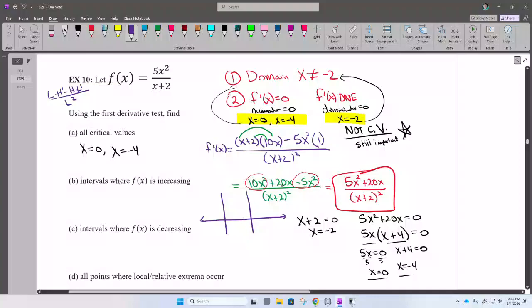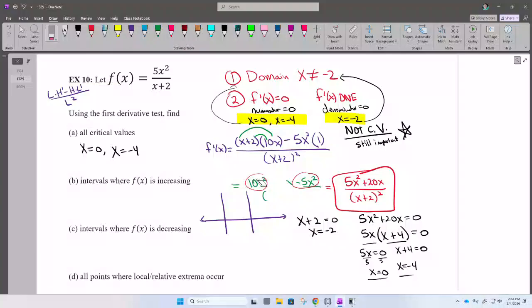Gotta erase a little bit, running out of room. Alright, and so I'm going to have -4, -2, and 0. And -2 is not a critical value. So that means -2 cannot be a max or a min.